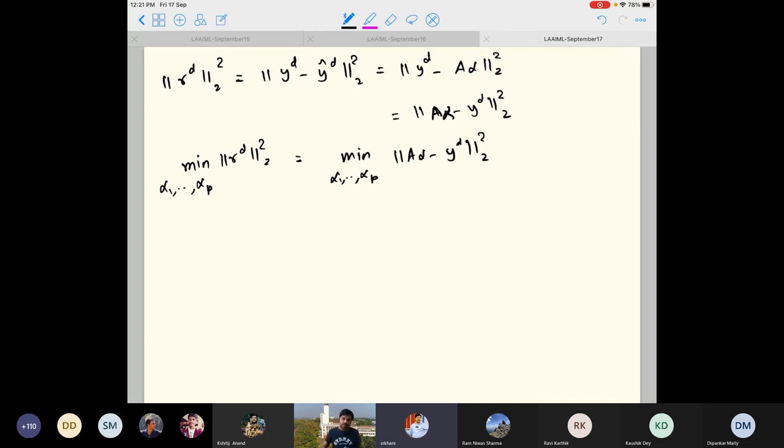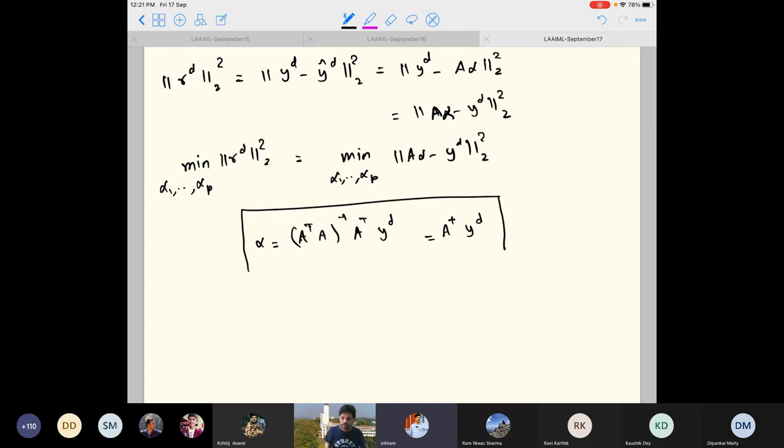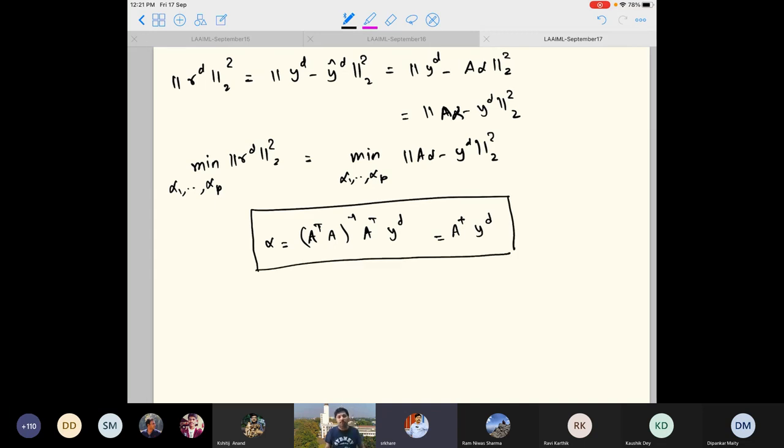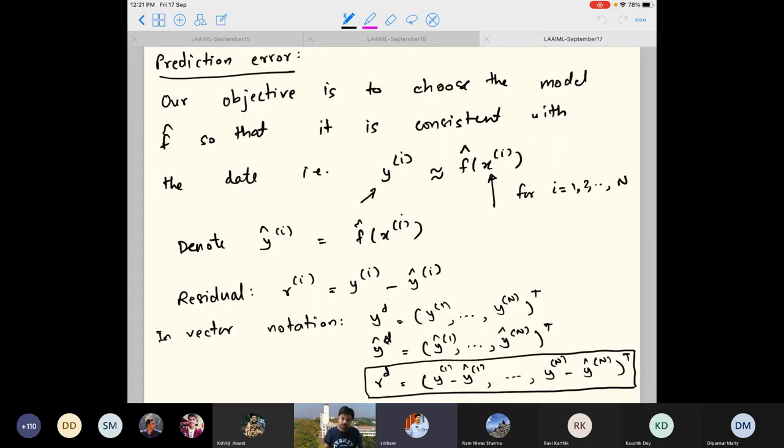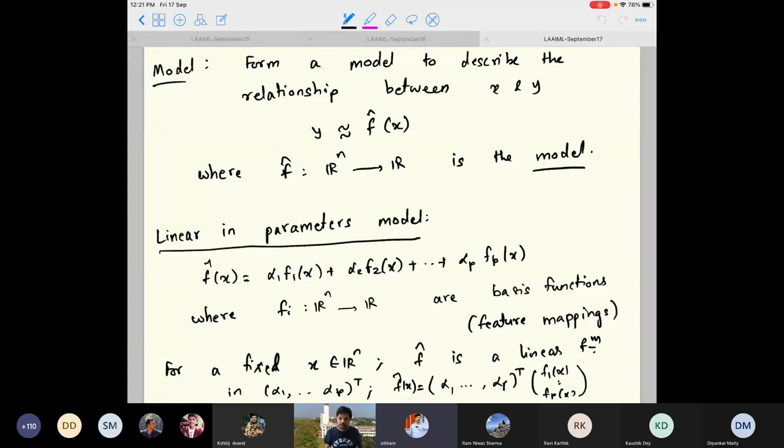The least squares problem will give me the solution alpha equal to A transpose A inverse A transpose yd, which is the same as A pseudo inverse yd, right? So that is the solution of the parameters that I'll get. Once I know the parameters alpha 1, alpha 2 up to alpha p, I know the model, because f1, f2, fp are known to me.